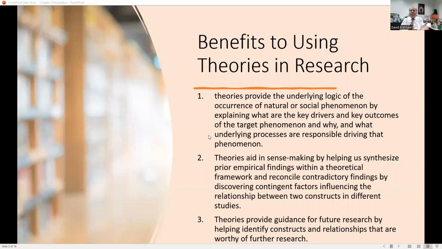The benefits to using theories in research, well, we have three here. First, theories provide the underlying logic of occurrence of natural and social phenomena by explaining what are the key drivers and key outcomes of the target phenomenon and why. What underlying processes are responsible for driving that phenomenon?